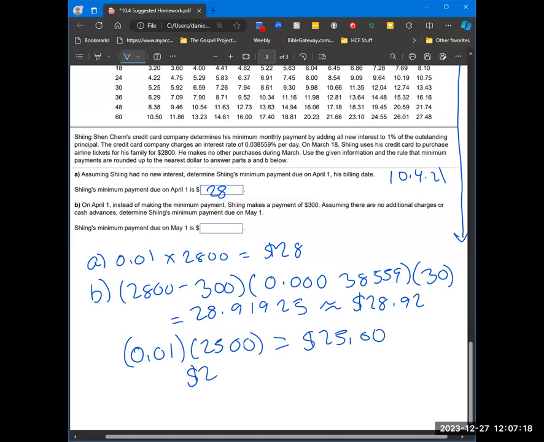So $25 plus 28.92 is going to give us 53.92, and that's going to be the minimum payment for April, because there was a balance that was carried all month, as well as the fact that there was an outstanding balance.